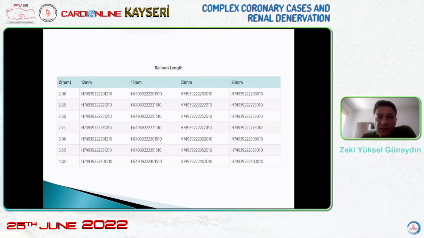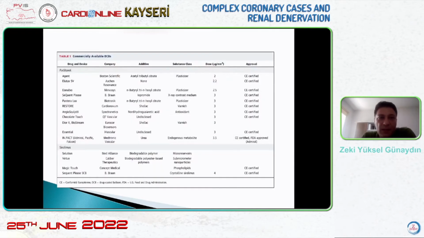And work on the other molecules also goes on. When we look at the balloon lengths available in the market, sizes from 2 to 4 are present. Even 1.5 sizes exist, but I couldn't find any. But the commonly used sizes are these.